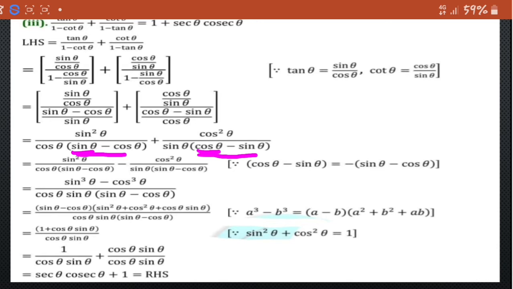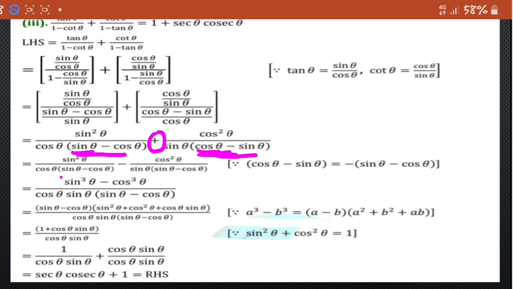So you can take minus common. When you are taking minus common from this bracket, the sign will change to minus. That's why sin square theta by cos theta into this, minus cos square theta by sin theta into (sin theta minus cos theta).